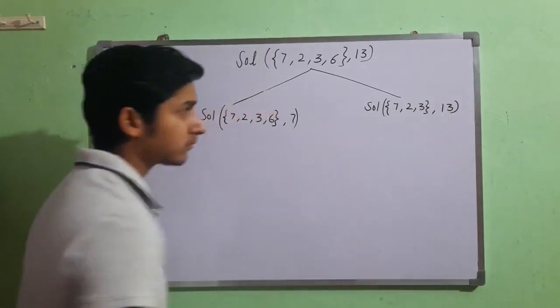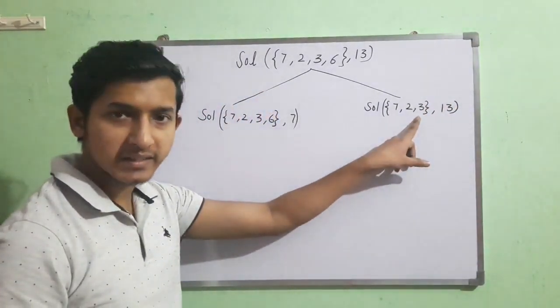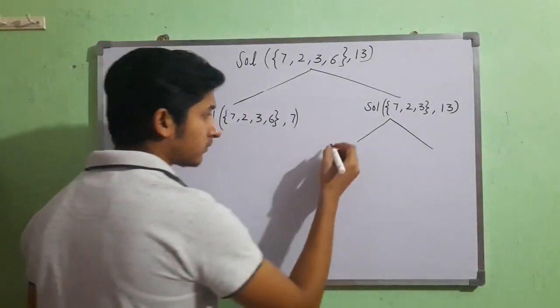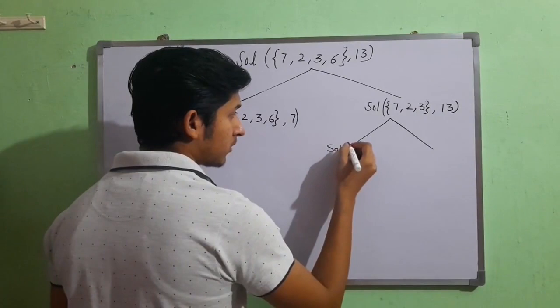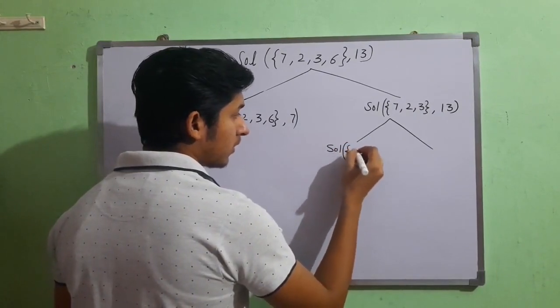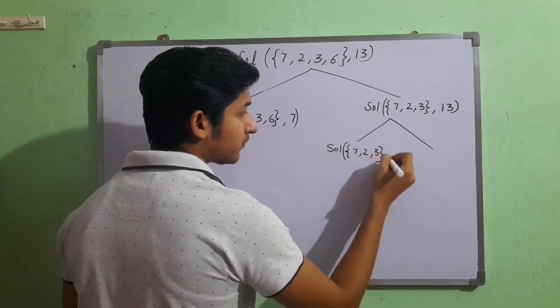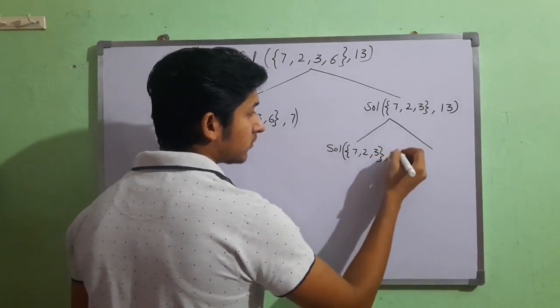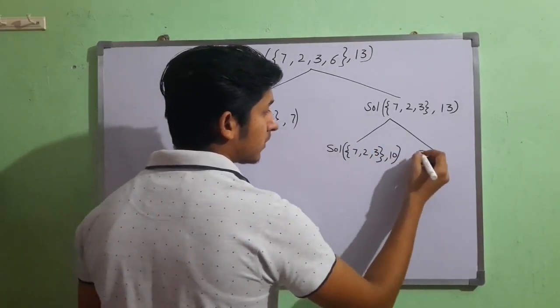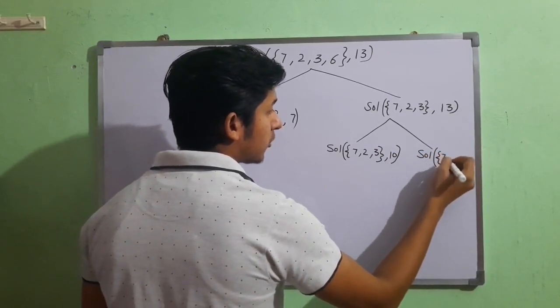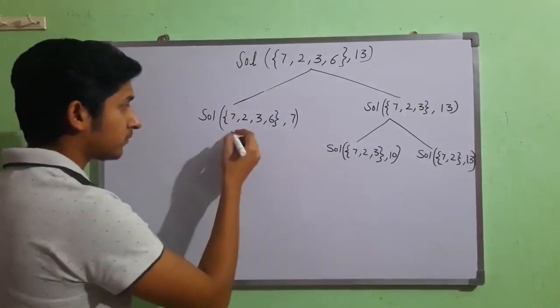I remove the last value, that's 6, and my sum is 13 only. Again, solve with the last value included, so we get this sum. If the last value is not included, then this.